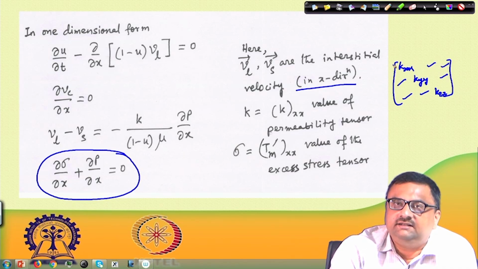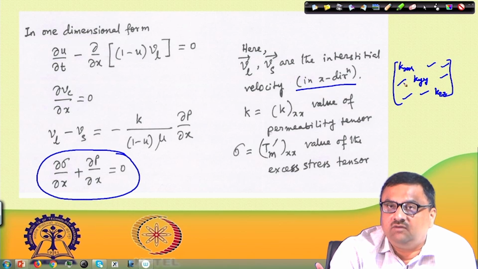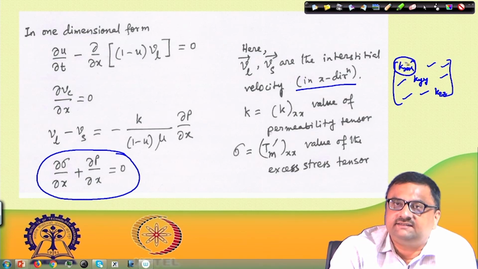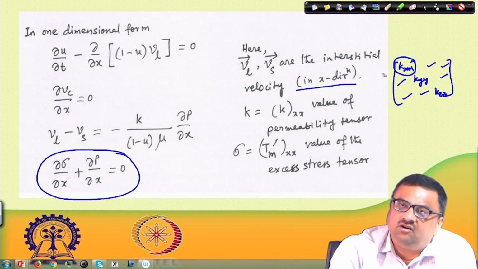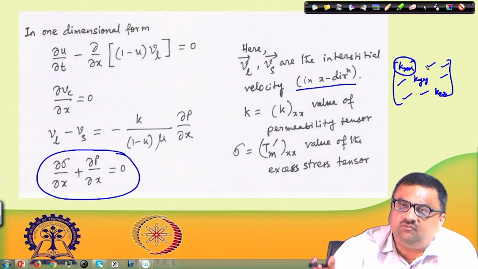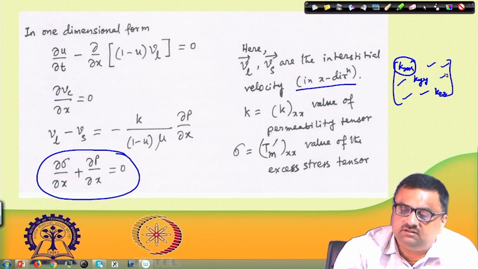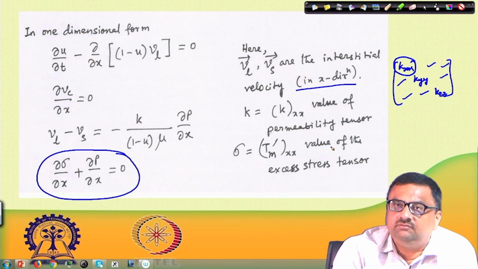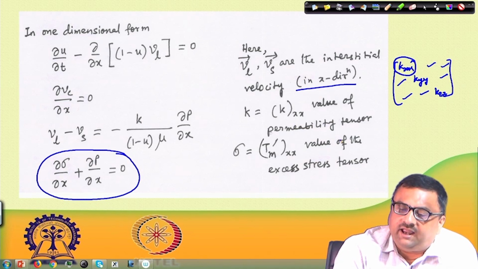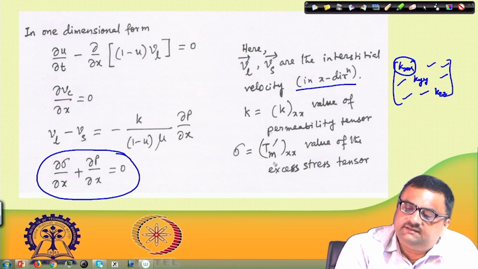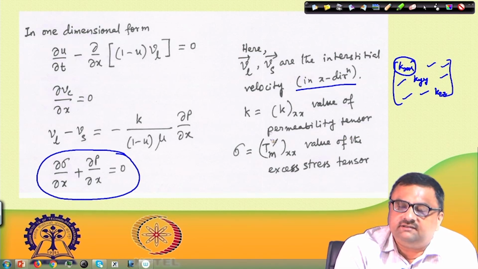Since the problem is one dimensional, we are talking about the Kxx term of the permeability tensor, or in other words, in a one dimensional system we have a permeability that is the same. So, from the general we are coming back to a single value of permeability, and sigma is this Tm prime, that was the excess stress tensor.